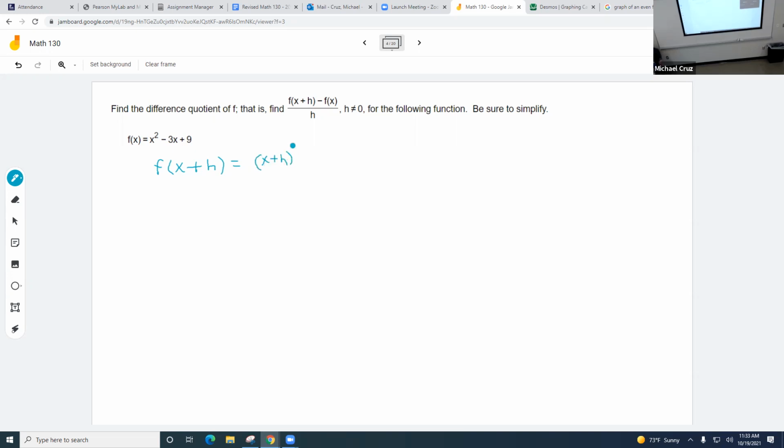Because once we get this, we already know what f of x is, because we've got it sitting right there. So you see what I did? It's just like that other one that we had earlier where I put in x plus 2 or something like that.